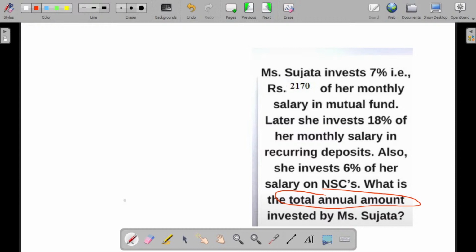Let's do it fast. 7 percentage. 7%, that is they are given 2170. So here you will get some value, 7% of the salary.